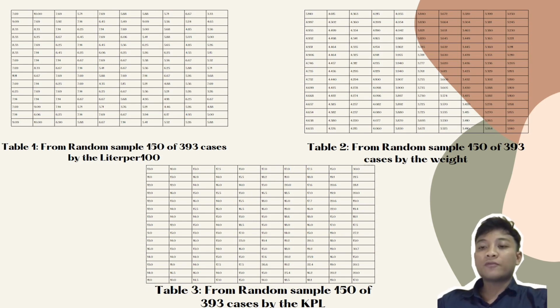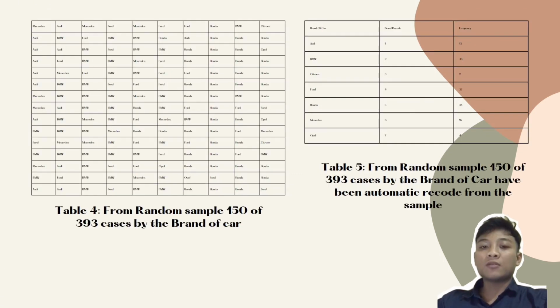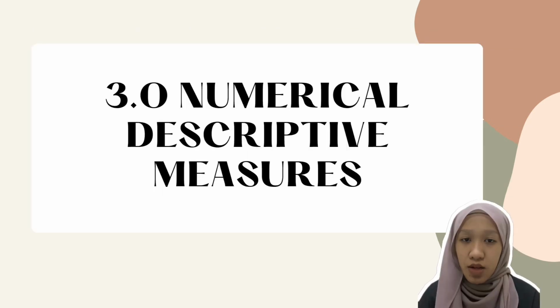Table 3 is from a random sample of 150 of 393 cases by the KPL. Table 4 is from a random sample of 150 of 393 cases by the brand of car. And Table 5 is from a random sample of 150 of 393 cases by the brand of car, automatically recorded from the sample.